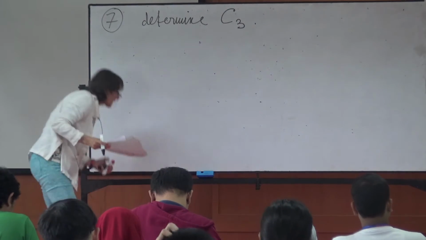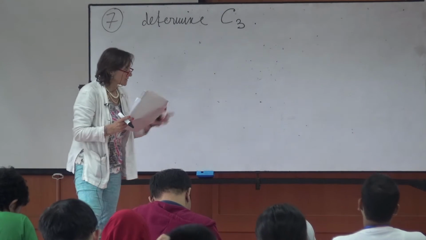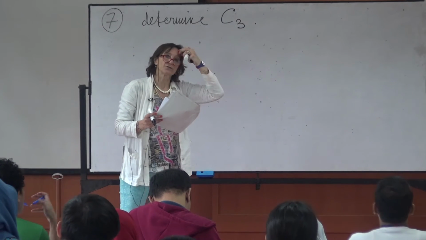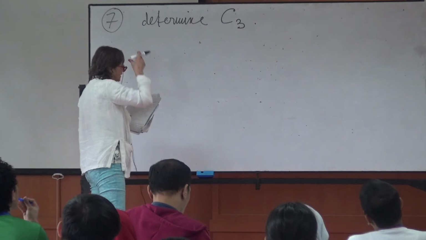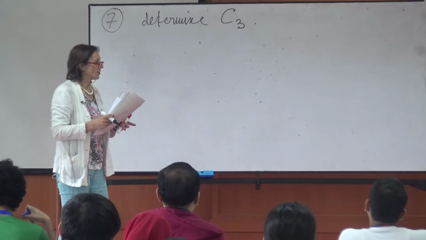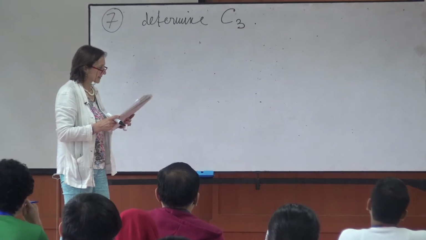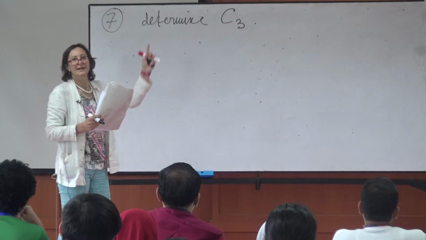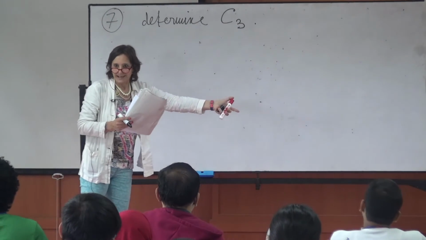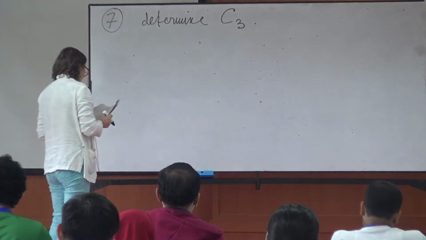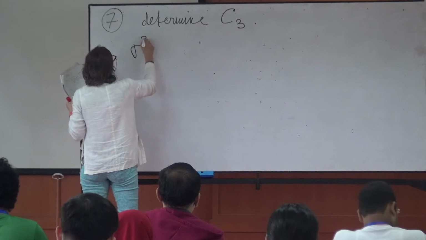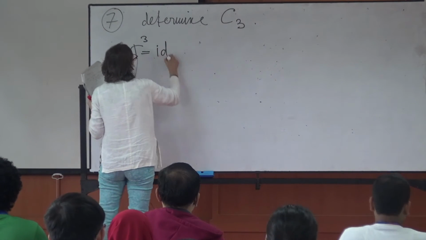So, as we already mentioned, column C3 is relative to the 3 cycles. And we just said that in A5, 3 cycles are conjugate, and so the character of any representation on the 3 cycles is real. Okay, now you see the 3 cycles are elements of order 3.